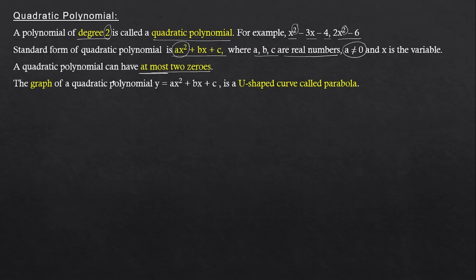Also, like a linear polynomial has a linear graph, we can also draw the graph of a quadratic polynomial. When the corresponding x and y values are plotted for a quadratic polynomial, we get a U-shaped curve called a parabola. So, if I get a graph like this or like this, these represent graphs of a quadratic polynomial.